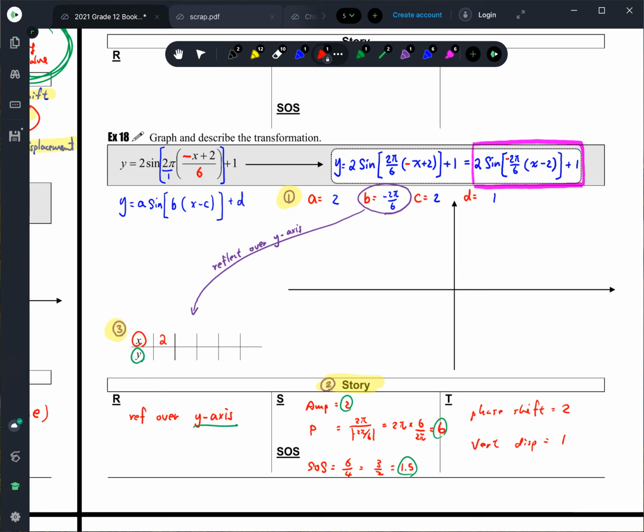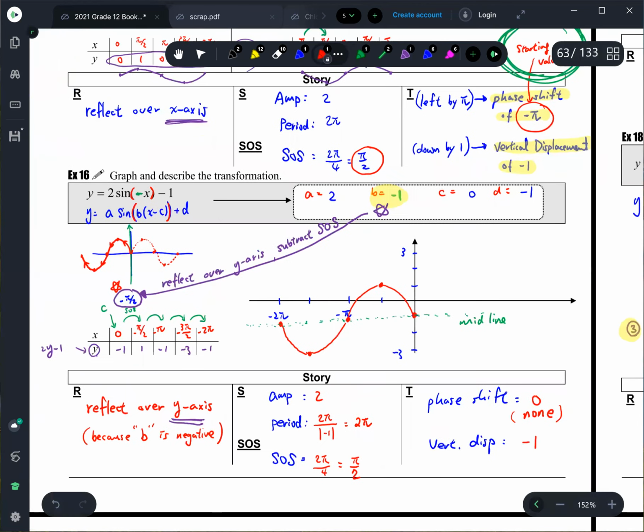Because it's positive. You mean the step size is positive 1.5? Yeah. Okay, this one, you have to think about question 16. What's special about that? Look at question 16, I put a star, right? Oh, it's minus because it reflects over y.